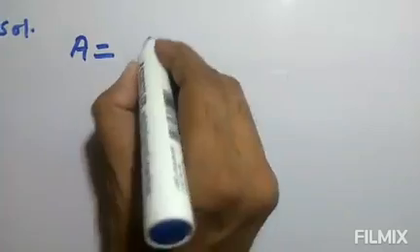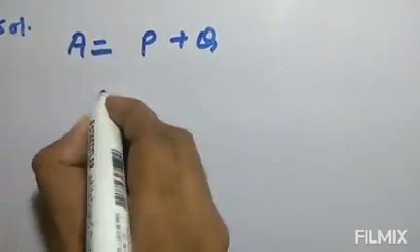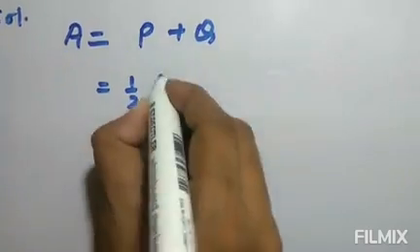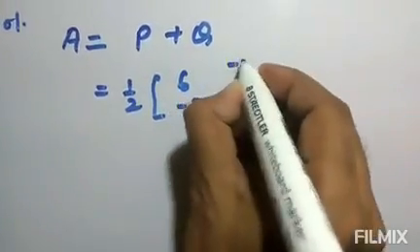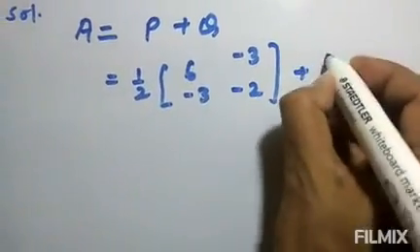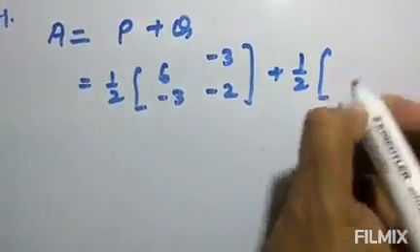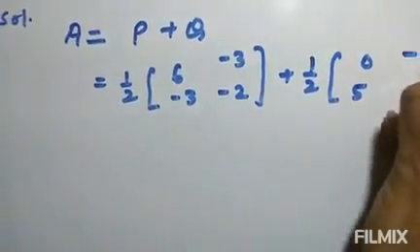A equals P plus Q, where this one is symmetric and this one is skew symmetric. So half times 6, -3, -3, -2 plus half times Q, where Q equals 0, 5, -5, 0.